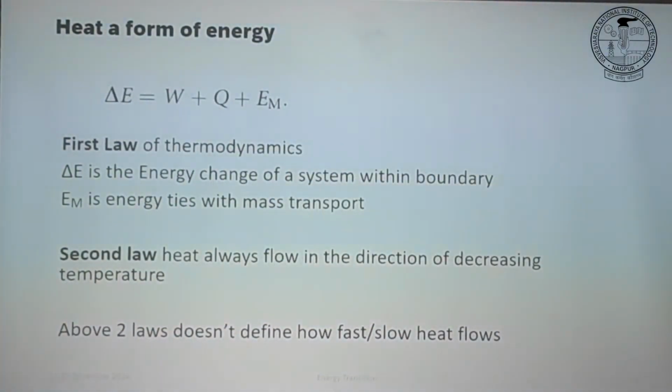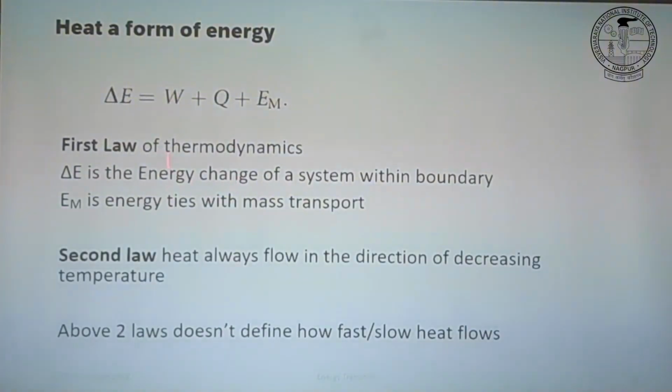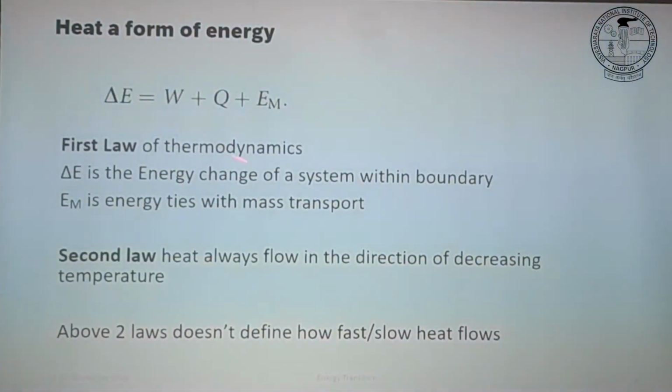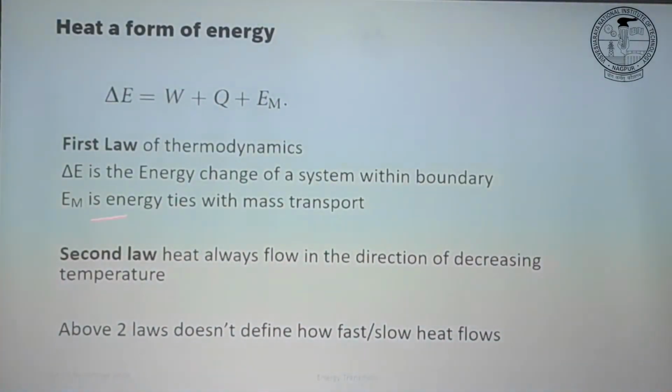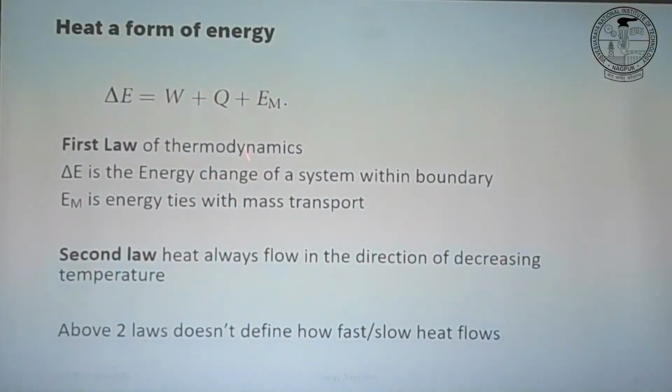So familiar first law: the total energy change of a system, or within the boundary limit, is the work supply and heat supply, and we exclude the energy associated with the transported mass. So if we exclude this, total change in energy will be either work supplied or heat supplied.